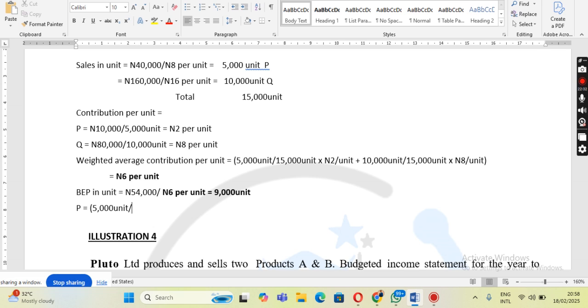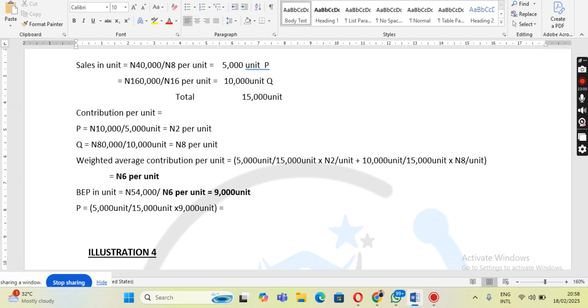When you divide, it gives you the percentage that P has of the total, and once it gives you the percentage, times the total 9,000 units, we get the portion for P. When you get the portion for P, automatically you can get the portion for Q, because the question asks for the units of each of the products.